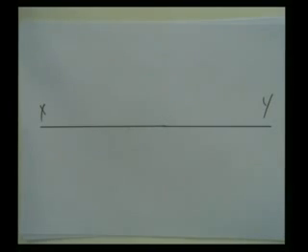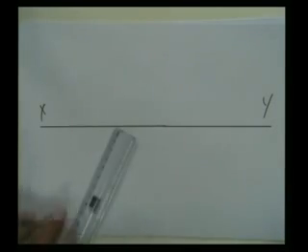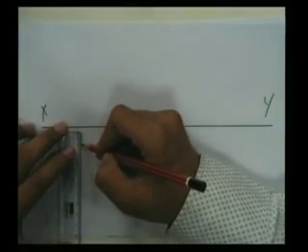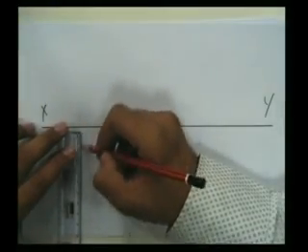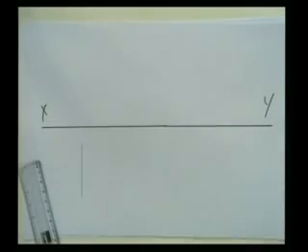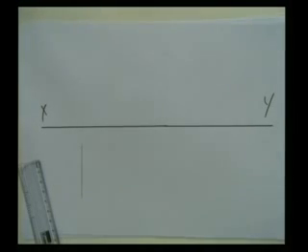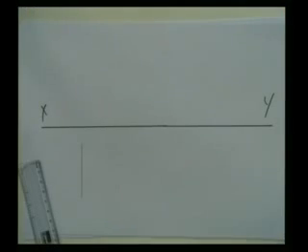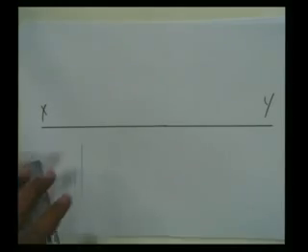For drawing a square, I need a straight line. Now this is a diagonal, which is BD, which is standing erect. So using this, I need to draw my square. So I know that it is 50 mm.